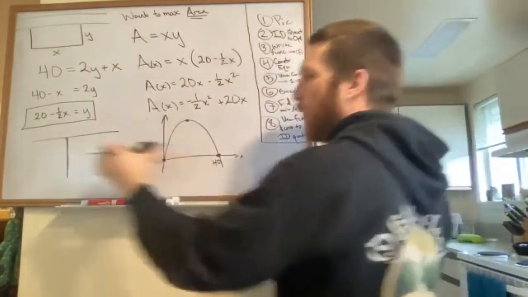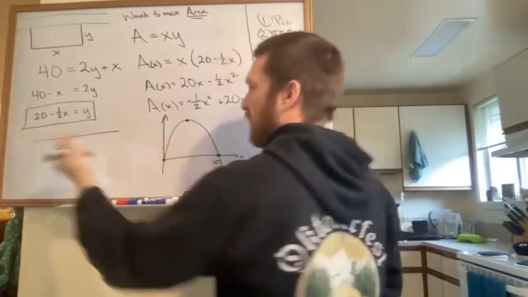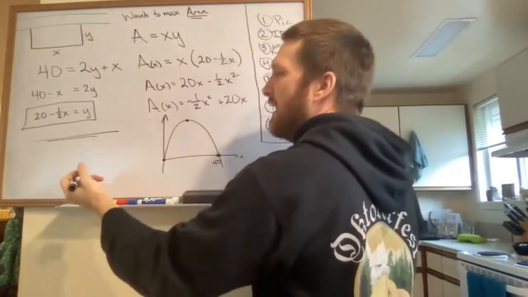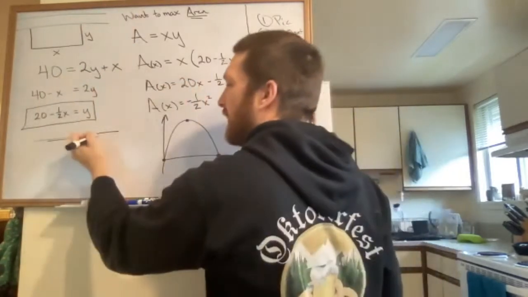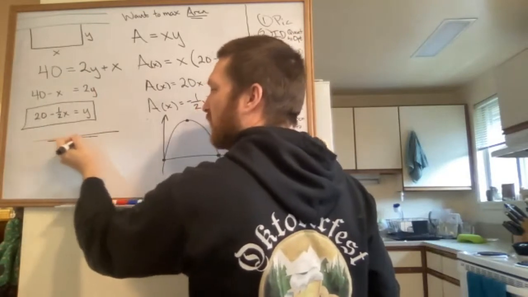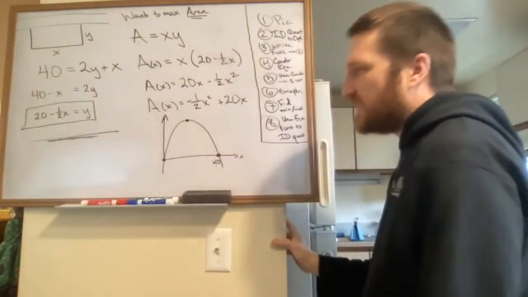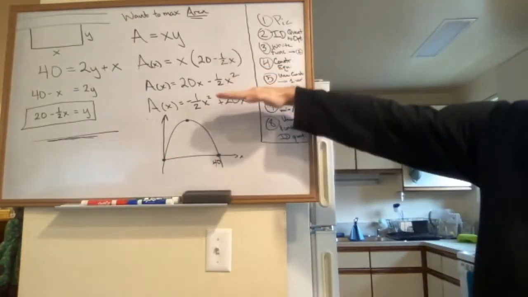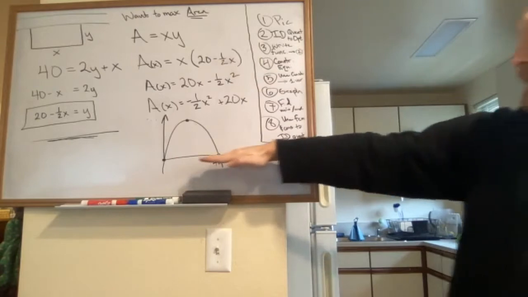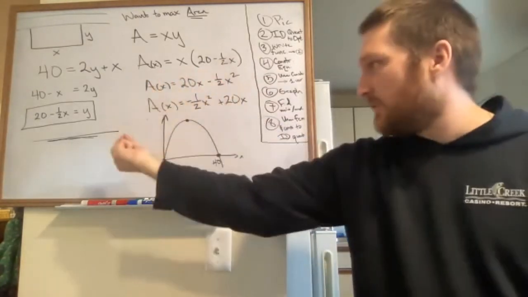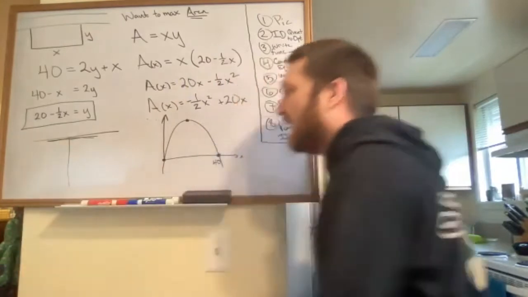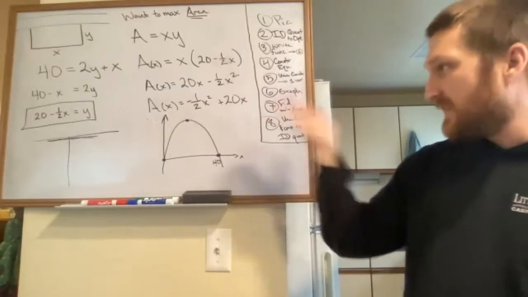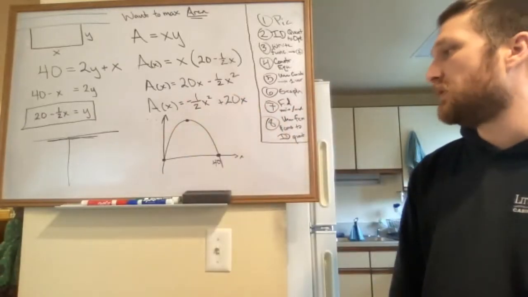Similarly, if x were 40, we'd have 40 in the x direction, but then we'd have nothing left for y, and so we wouldn't have any area that way. It would just be a line 40 units long, so 0 area, and that's what this says. If x is equal to 40, then the area, in other words, the height of this graph, is 0. If x is 0, then it's just that guy right there, and this says that the area would be 0. So this matches pretty well with my intuition.